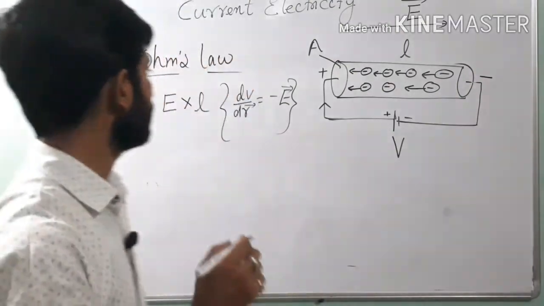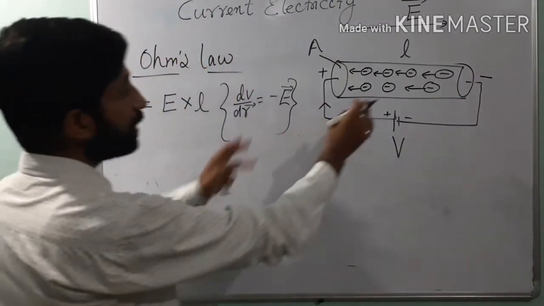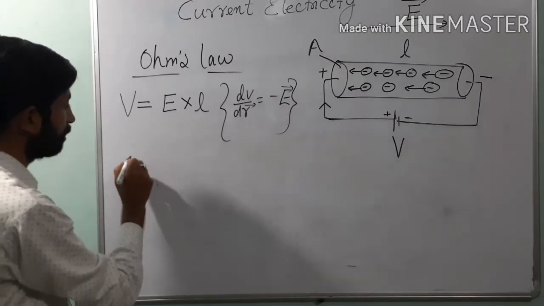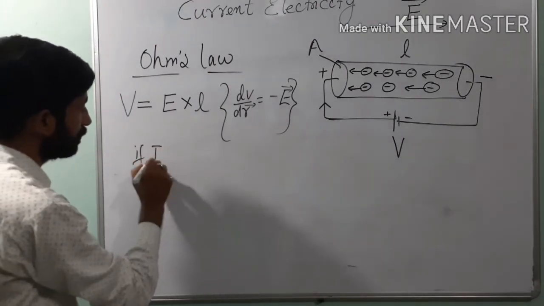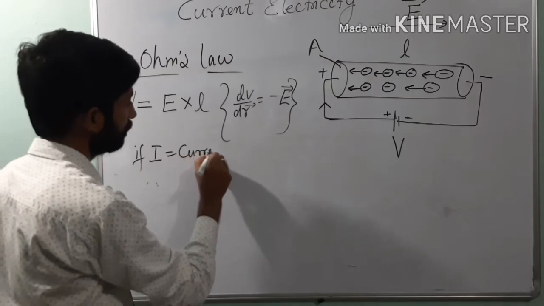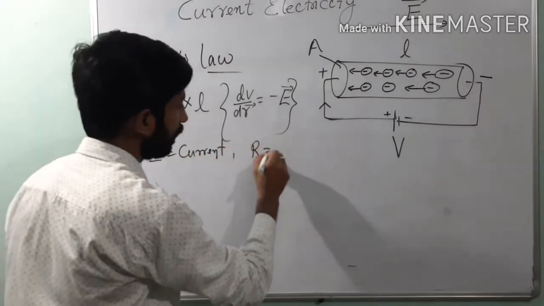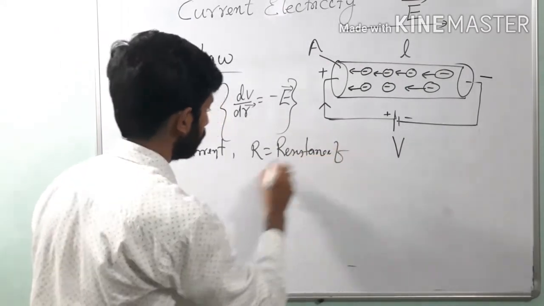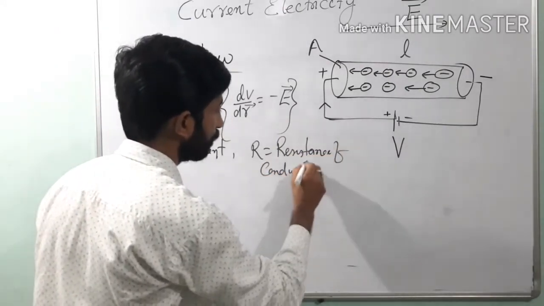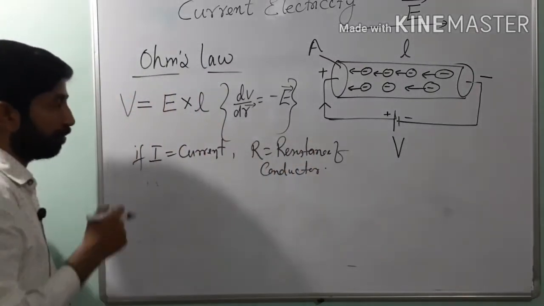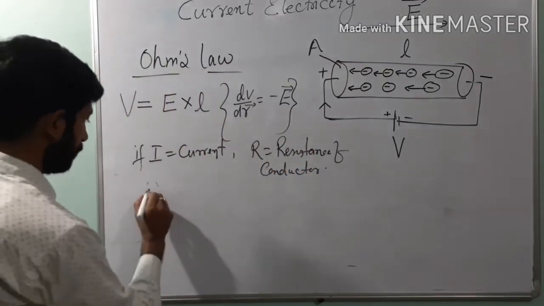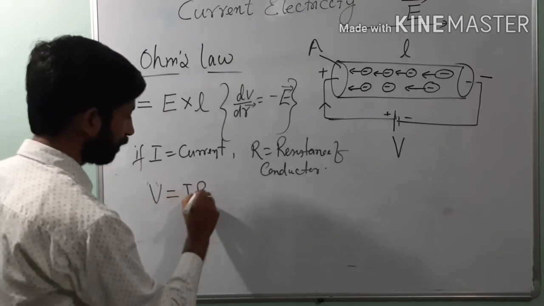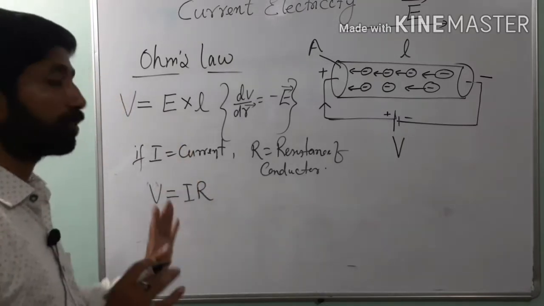If I is the current and R is the resistance of the conductor, then V is equal to I into R according to Ohm's law.